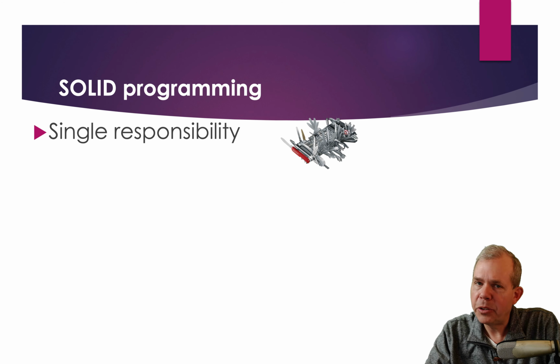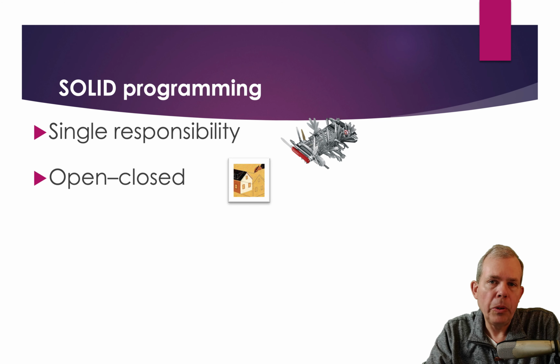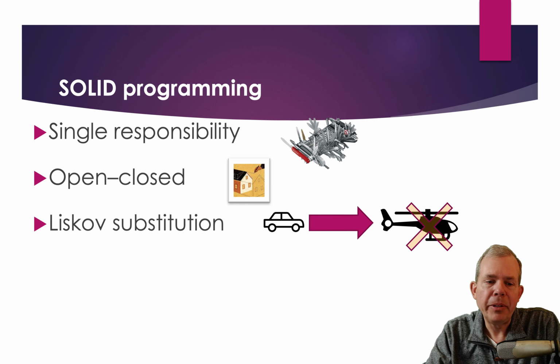Another is a principle called open-closed. The idea here is that if you have a module that you want to expand, you extend it, you don't go in and modify the original. It's like when you're building an architect plan for a building, you have it extensible, so that you can just knock a wall out and add a new room rather than tearing the house down and rebuilding it.